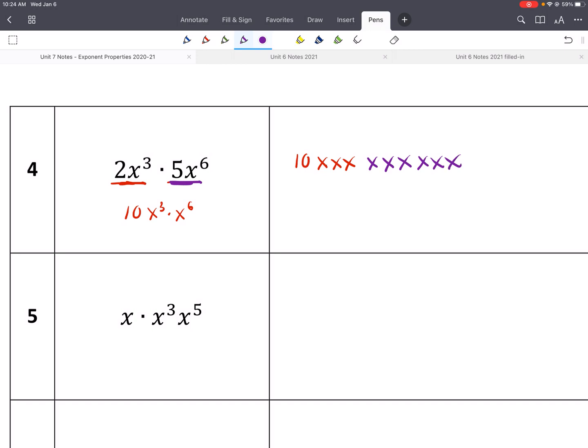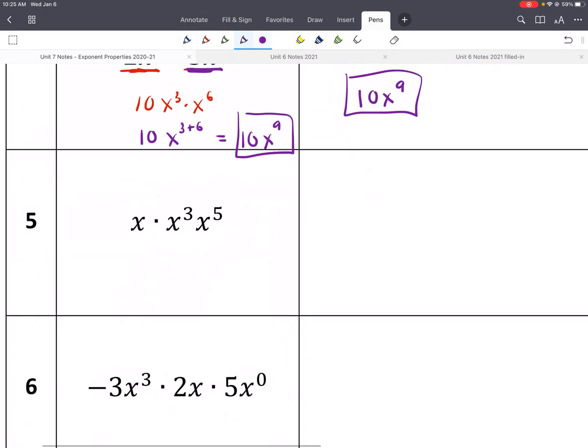So how many x's do we have in total? We have 9, so that would be 10x to the 9. And again, if you wanted to, you could just go from here and do x to the 3 plus 6, and that is also 10x to the 9. Same thing.